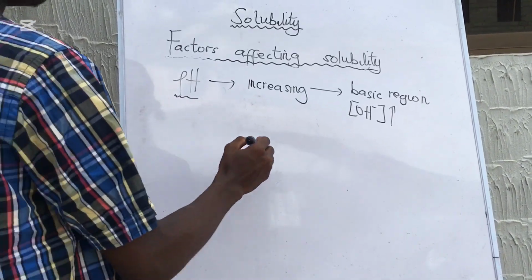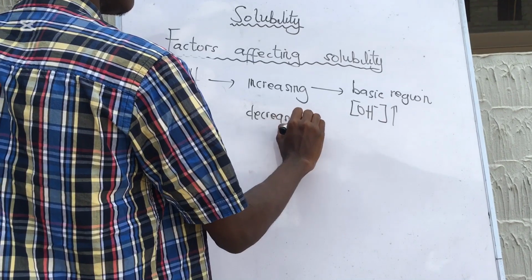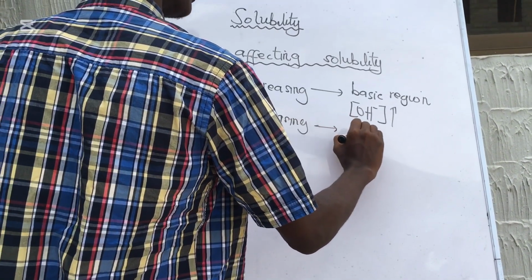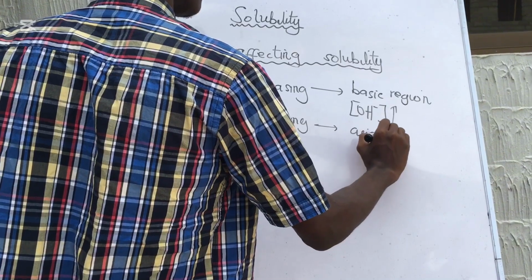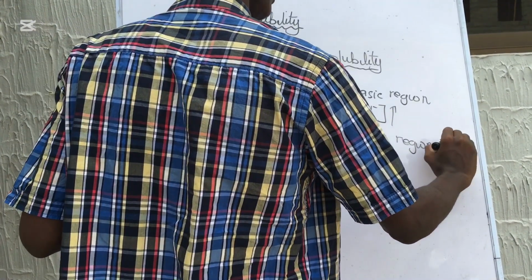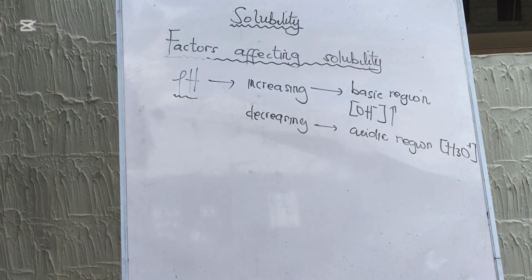And if you are decreasing pH, then it means you are approaching the acidic region, and also you are increasing the H plus or H3O plus. H plus and H3O plus are the same.